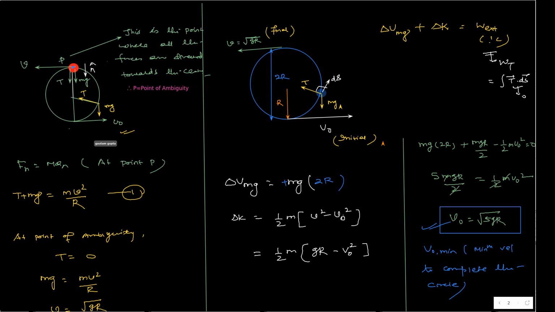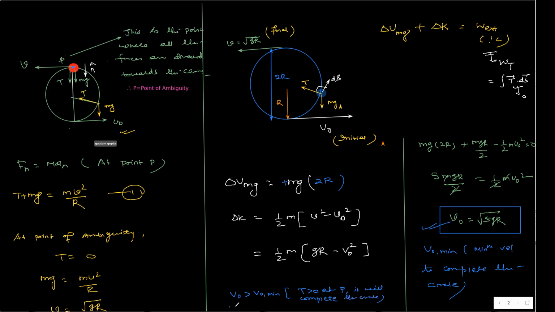So this is the minimum velocity to complete the circle. If v naught is greater than v naught minimum, then tension will be positive at P, your point of ambiguity, and it will complete the circle.